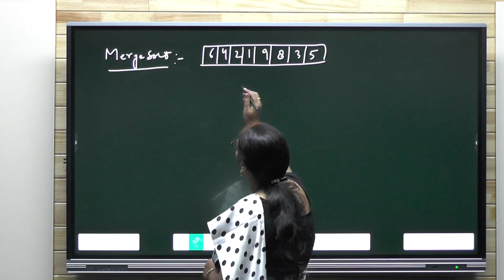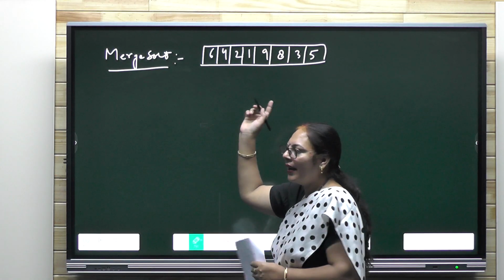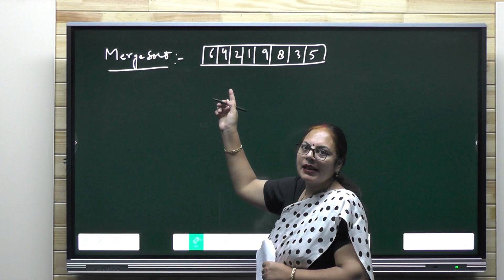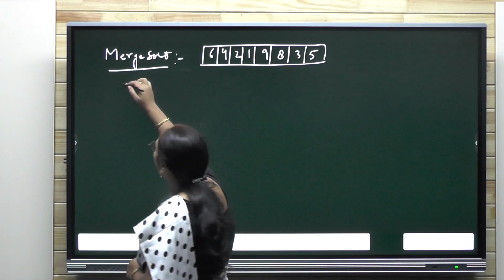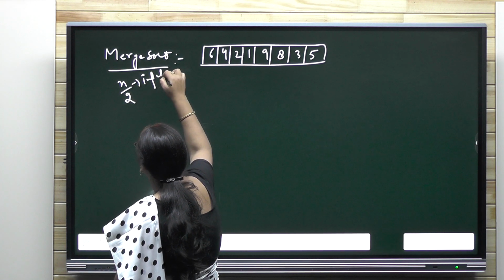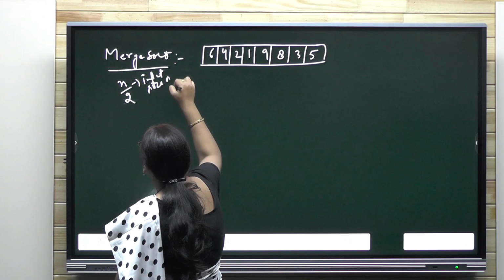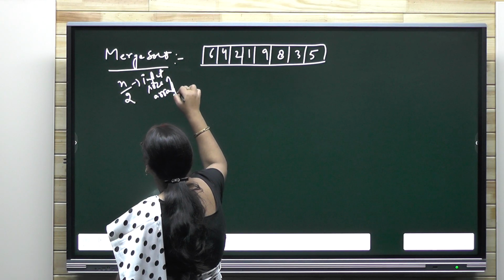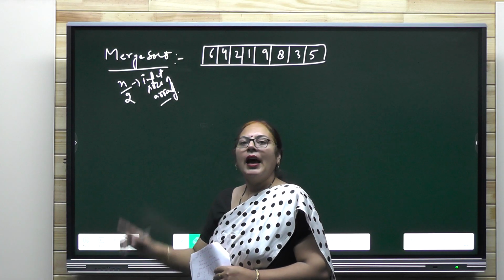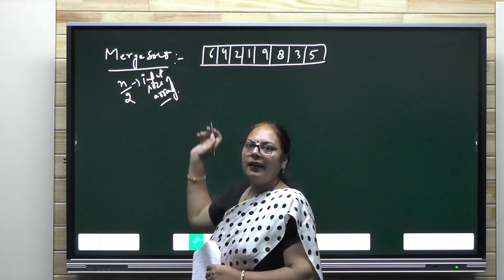How the divide will work: we divide the array based on the number of elements. If n is the input size of the array, then we take the floor value of n by 2 and we will divide the elements like that.